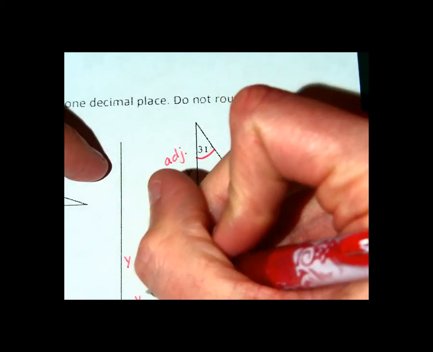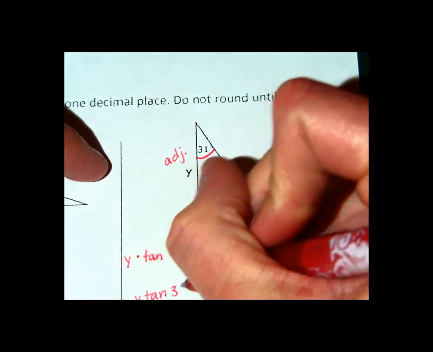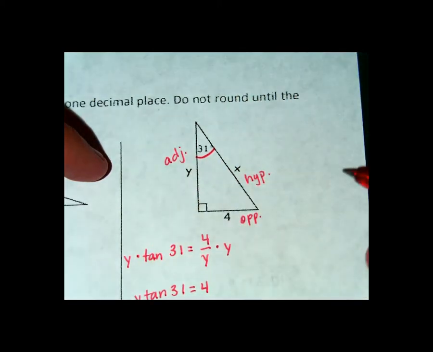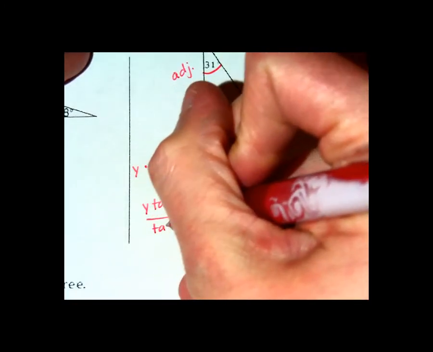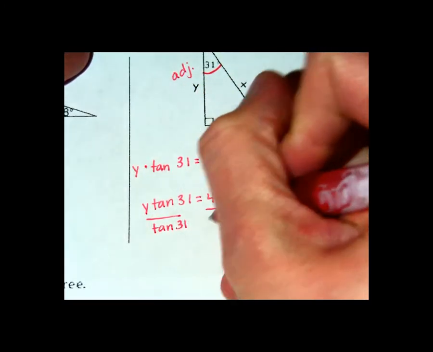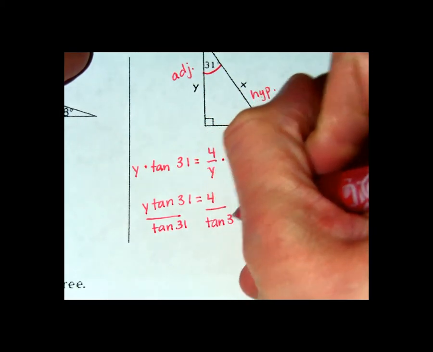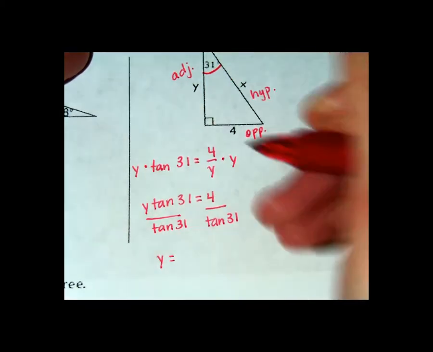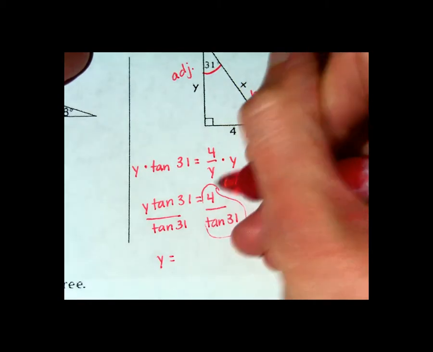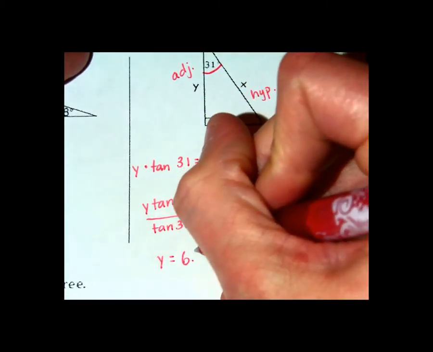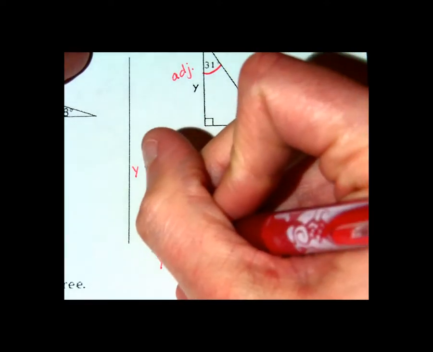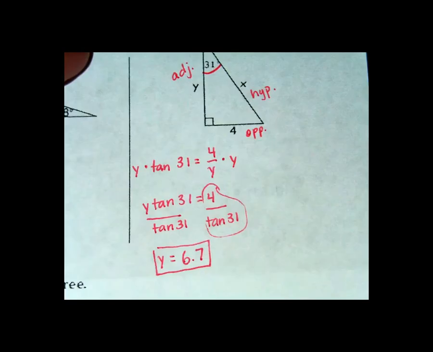Multiply and we get y times tangent of 31 equals 4. So then what did you do? Some of you might write fewer steps, that's fine. Some of you don't need to write more. This is what you're typing in your calculator. What did you get when you did that? Okay, there is one solution there.